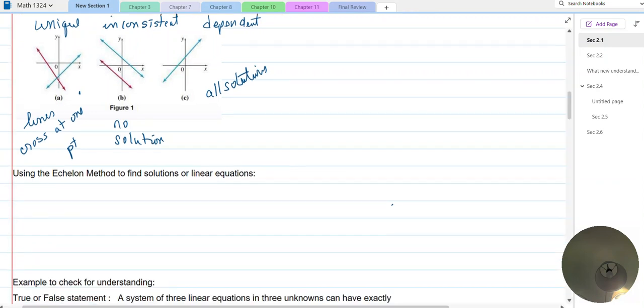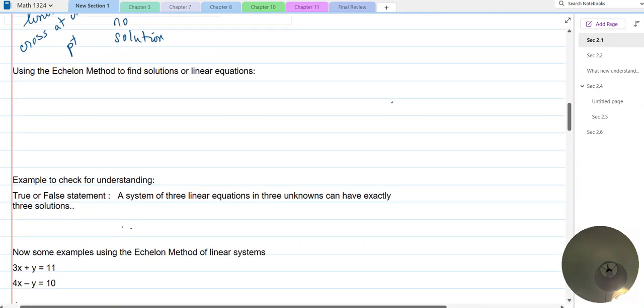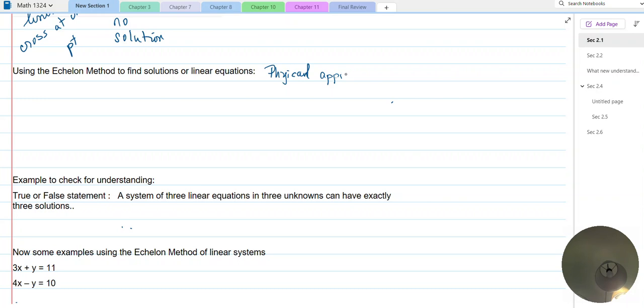So let's see about using the echelon method to find the solution of linear equations. Now, we're not going matrices right yet, but we are going to do a physical approach to solving.